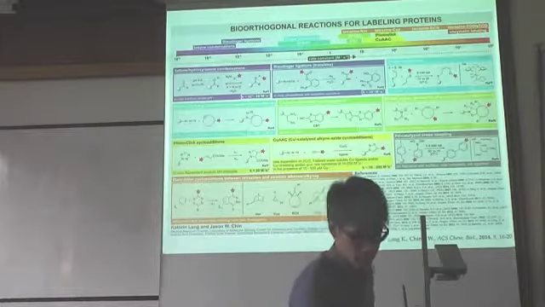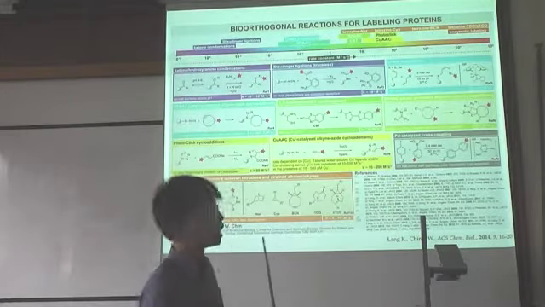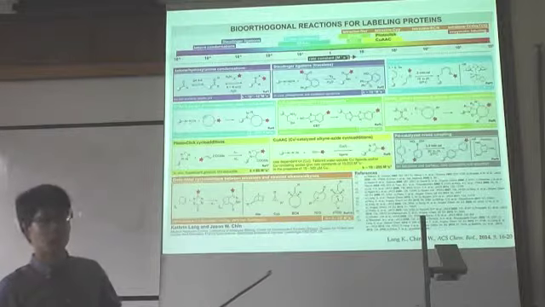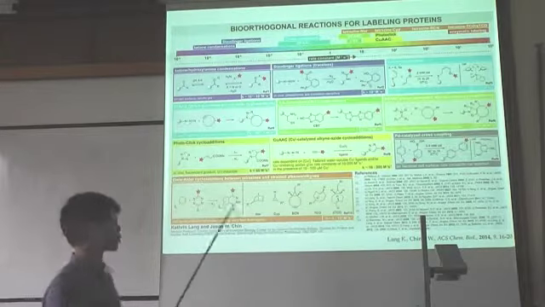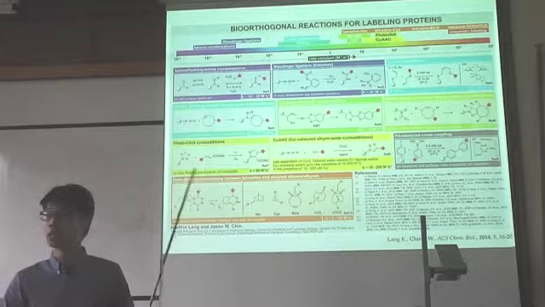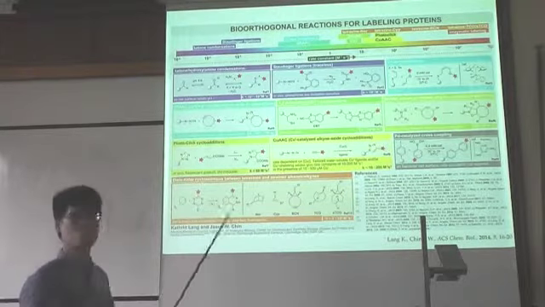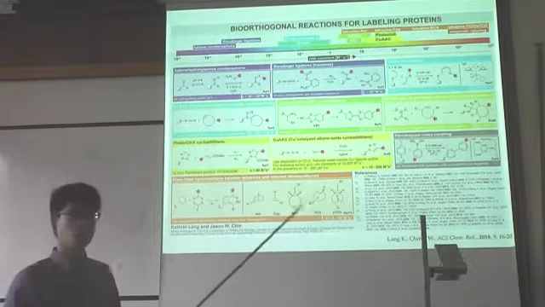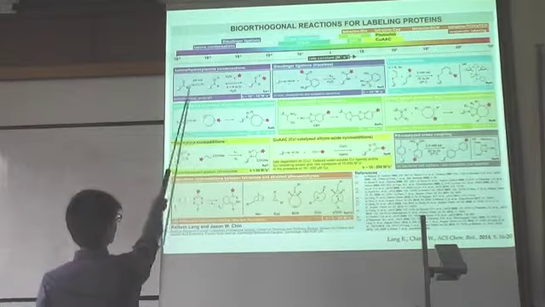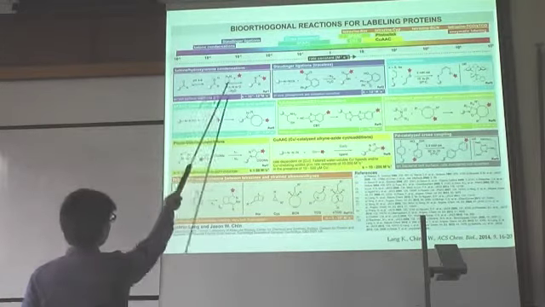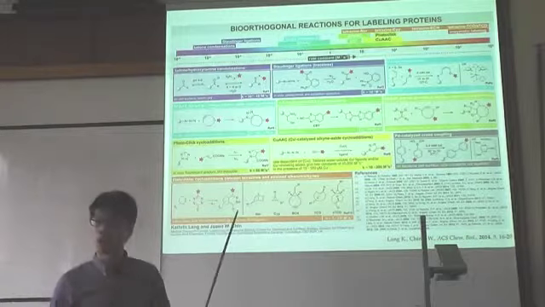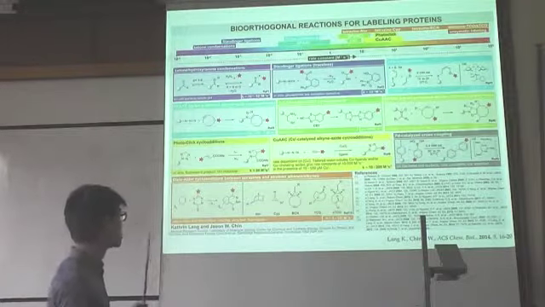So after decades of research, there is now a wide range of different chemistry that can be classified as bioorthogonal reactions. And they can be generally summarized as 3 groups. So we have the condensation reactions, such as ketone and aldehyde condensation reactions with aminooxy or hydrazine functional groups.